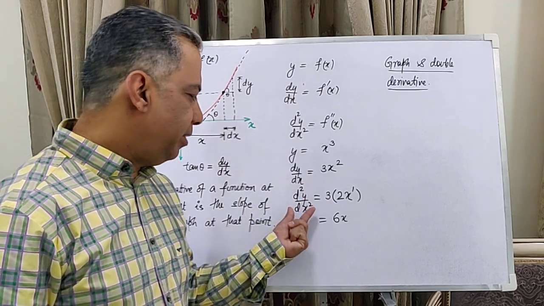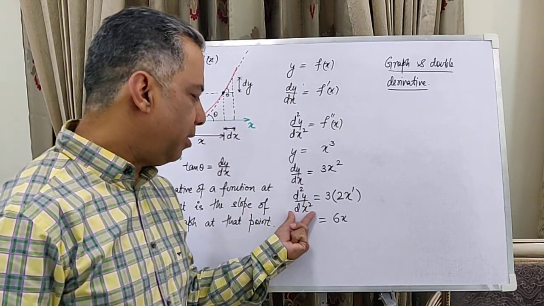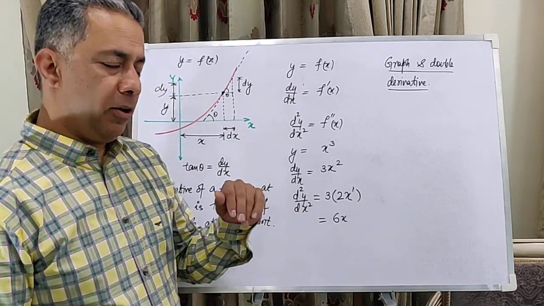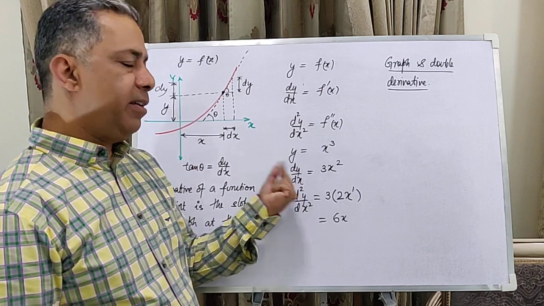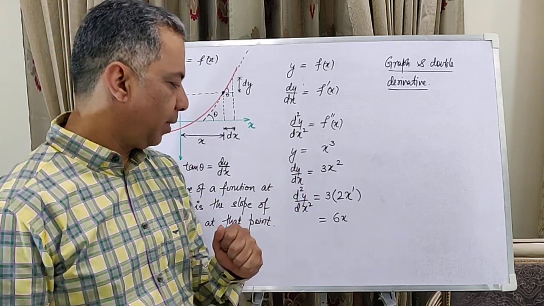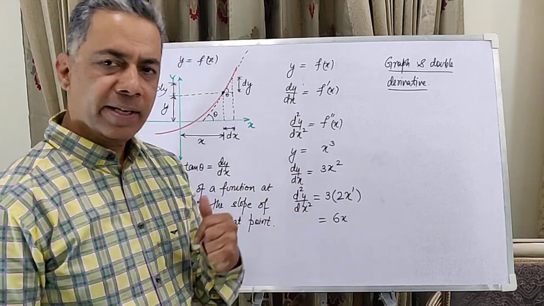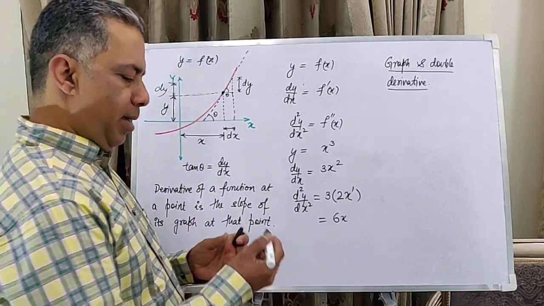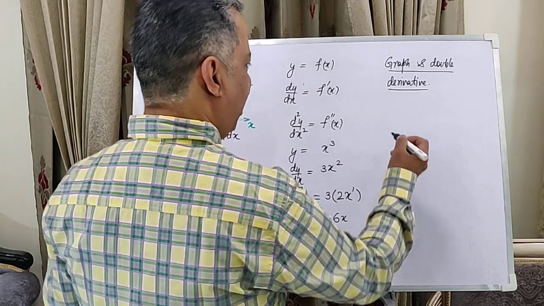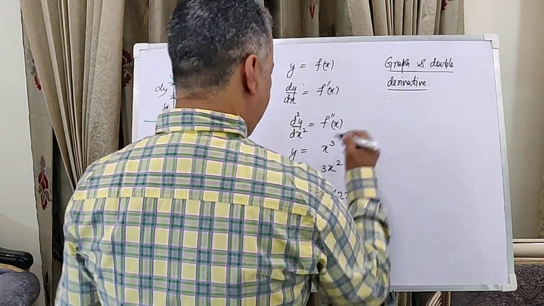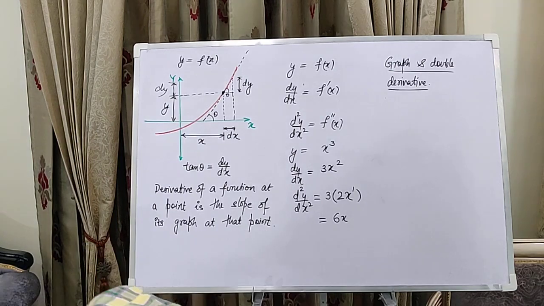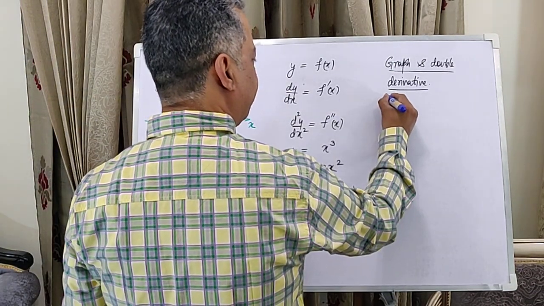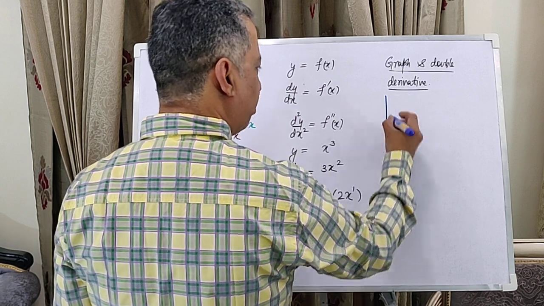That is, it is the rate of change of derivative. Now graphically, derivative is slope. So double derivative is the rate of change of slope. And therefore, when your double derivative is positive, it indicates increasing slope.